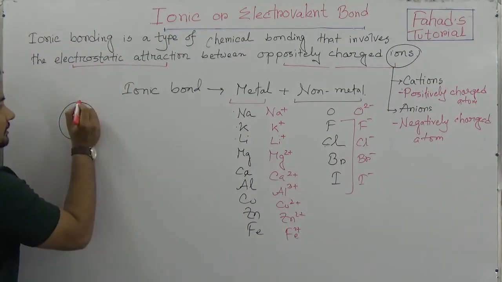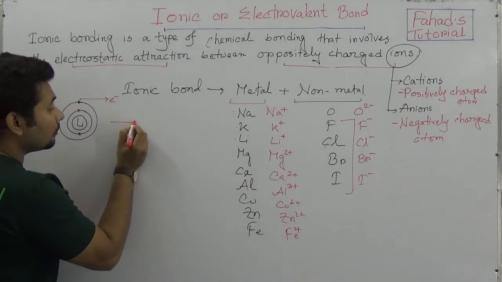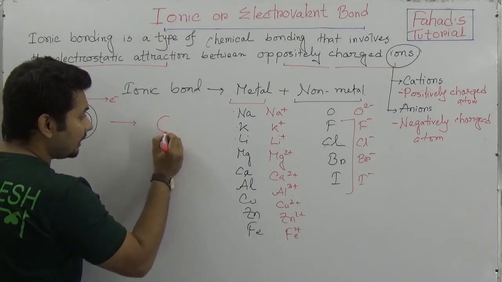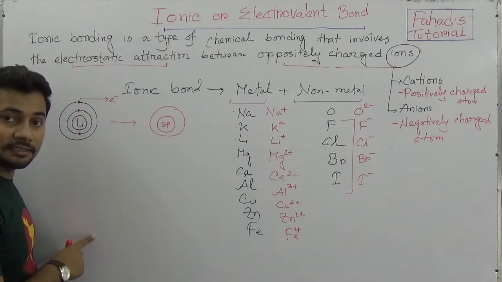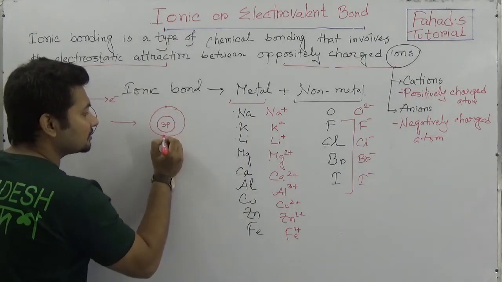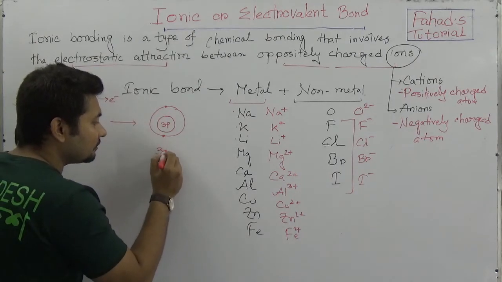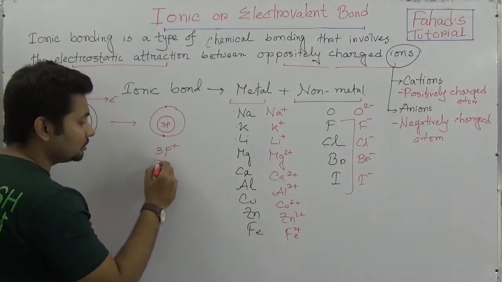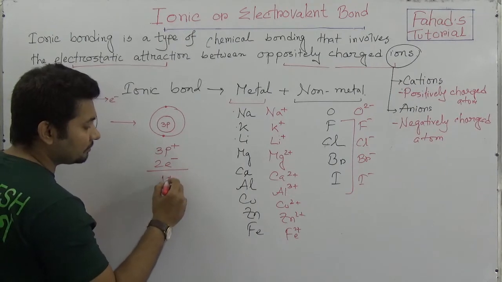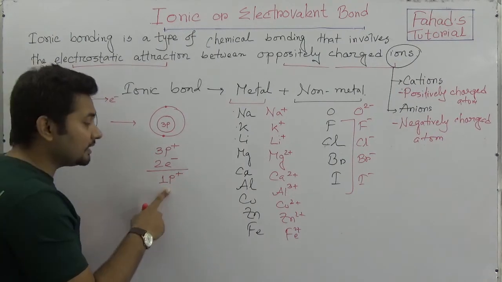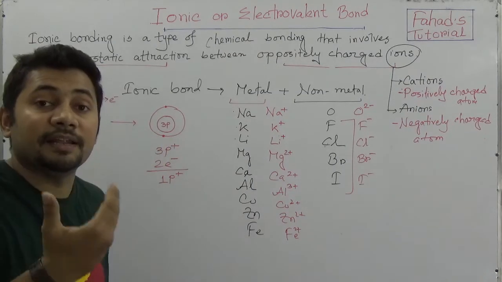When the outermost shell electron is gone, the lithium atom has 3 protons inside but only 2 electrons, because it has donated 1 electron. Since it has 3 positive protons but 2 negative electrons, it has 1 proton extra, and that is the main reason lithium behaves like a cation.